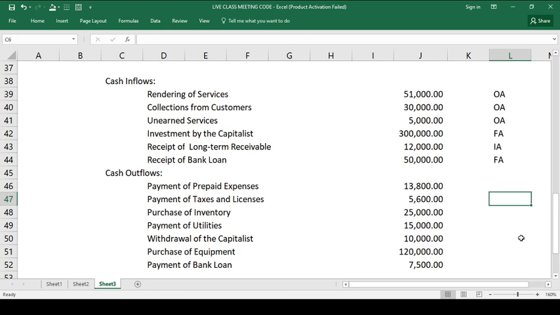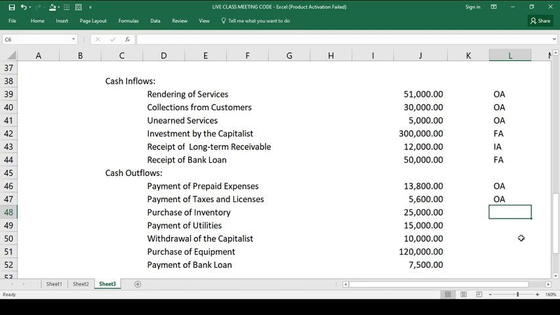Payment of prepaid expenses. Take note, prepaid expenses are part of your normal operation. So, that is an operating activity. Payment of taxes and licenses are considered operational activities.